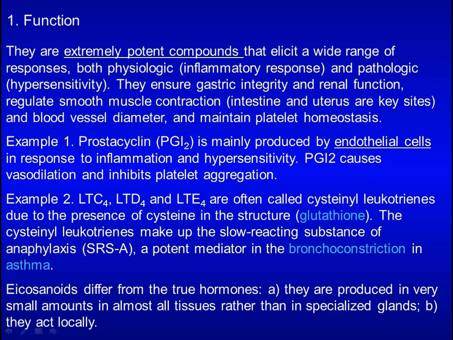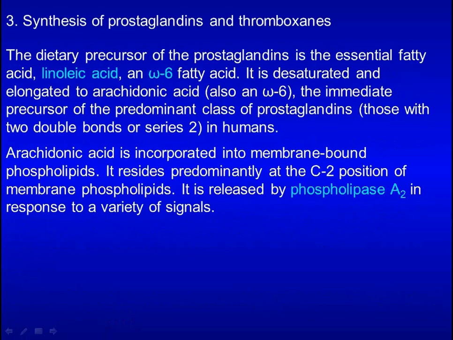Eicosanoids differ from the true hormones. They are produced in very small amounts in almost all tissues rather than in specialized glands, and they act locally. The dietary precursor of eicosanoids is the essential fatty acid linoleic acid, an omega-6 fatty acid.